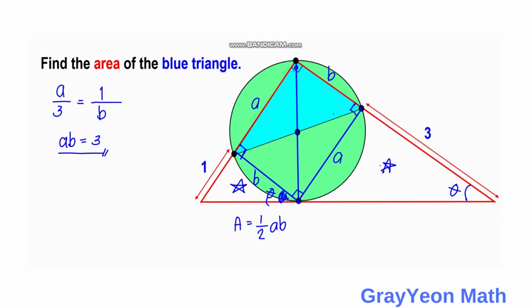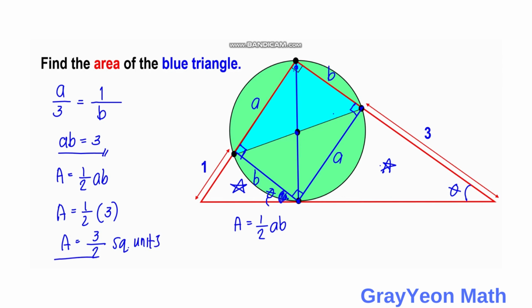Earlier we said that the area is equal to 1 half times AB, but AB is actually equal to 3. So we just substitute the value of AB, which is 3. So we have the area is equal to 3 over 2 square units. And that is our answer for the area of the blue region.